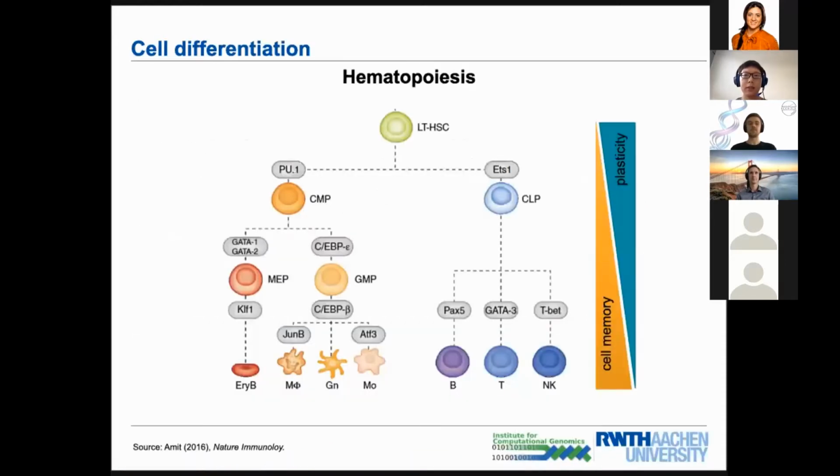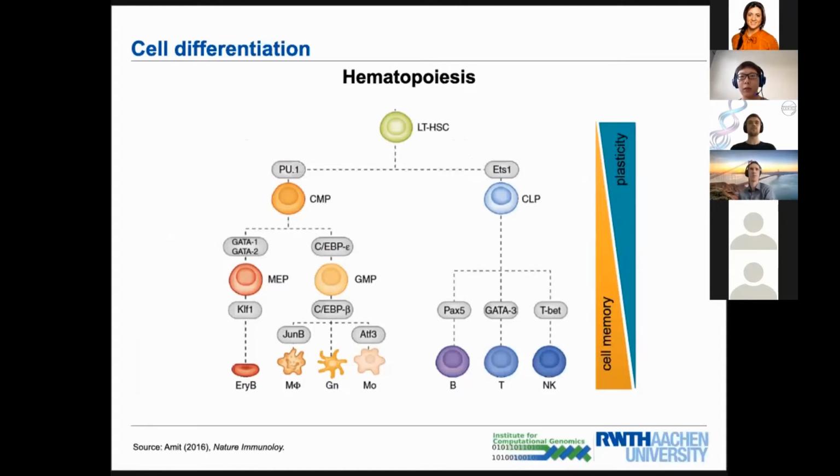This picture shows you the hematopoiesis differentiation model, where a progenitor cell such as a long-term hematopoietic stem cell branches into distinct lineages. It's known that transcription factors are controlling the cell specification.